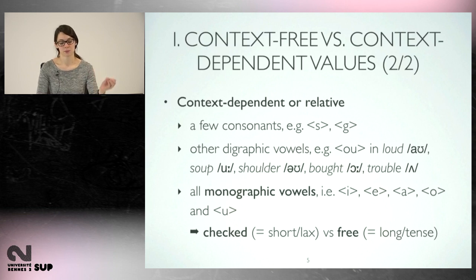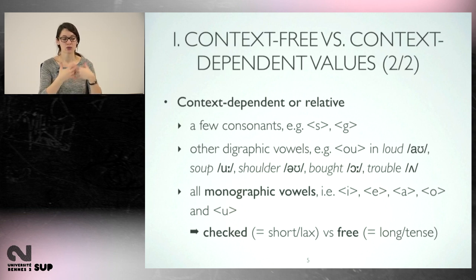Saying that a unit or a grapheme is context free means that it always has just one regular value. We're talking about regular values. A unit that is context dependent will have several regular values. But both types of units may have exceptional pronunciations, idiosyncratic pronunciations, if you like. And these have to be learned, and that's all.